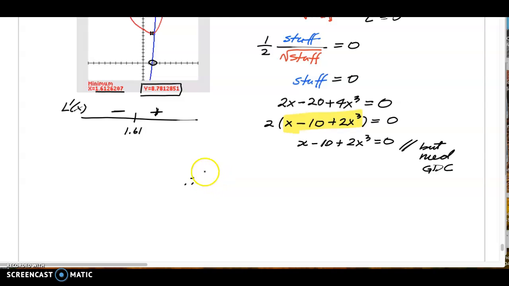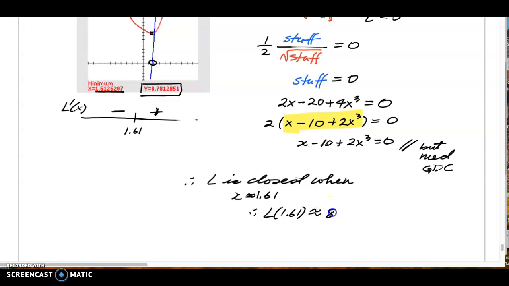So we can say closest point, L is closest when x is approximately 1.61, since L of 1.61 is approximately 8.78 units.